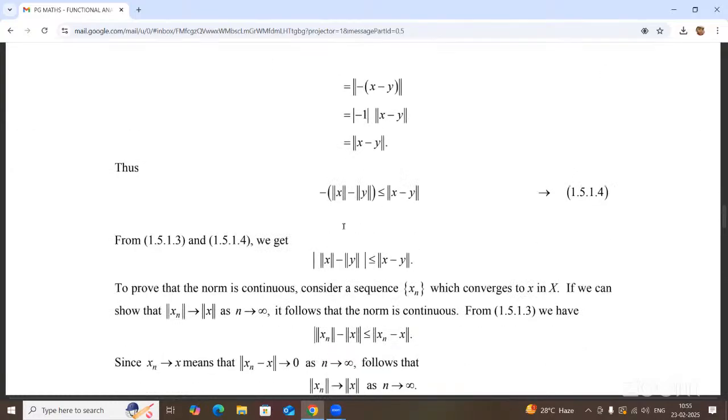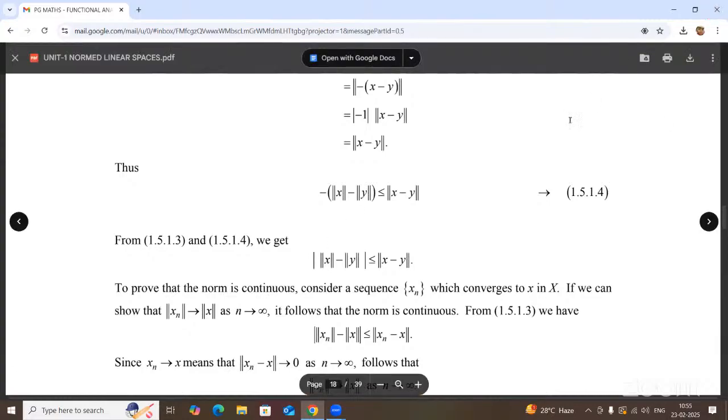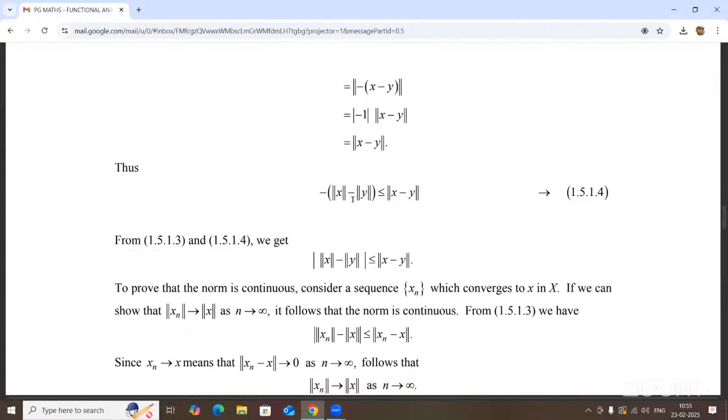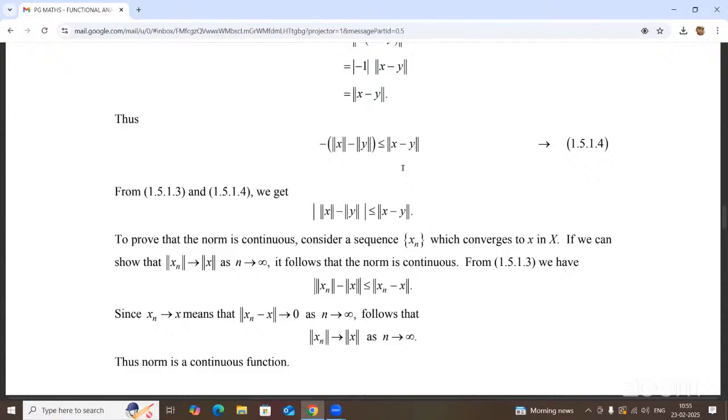So finally, see this equation. Finally, minus of norm x minus norm y is less than or equal to norm x minus y. So from both equations, from the third and fourth equations, we get the double mod of norm x minus norm y less than or equal to norm x minus y. Okay.